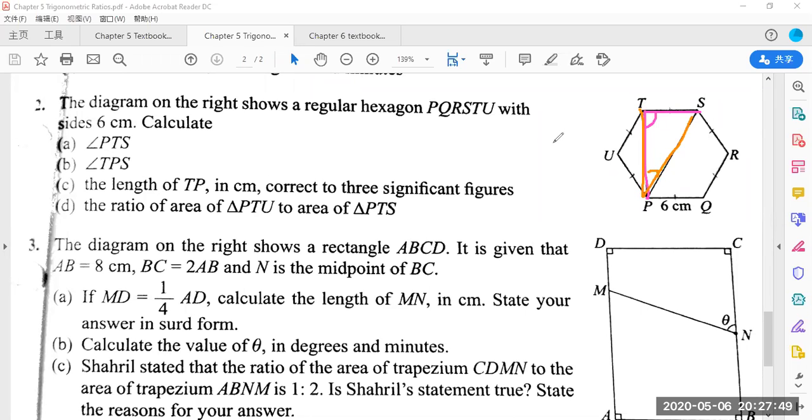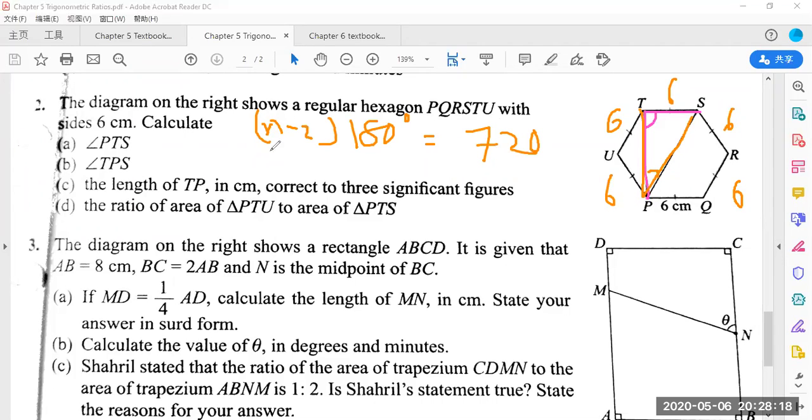So how do you find it? All sides are 6 cm, you know. For a hexagon, you use the formula (n minus 2) multiplied by 180 degrees, right?